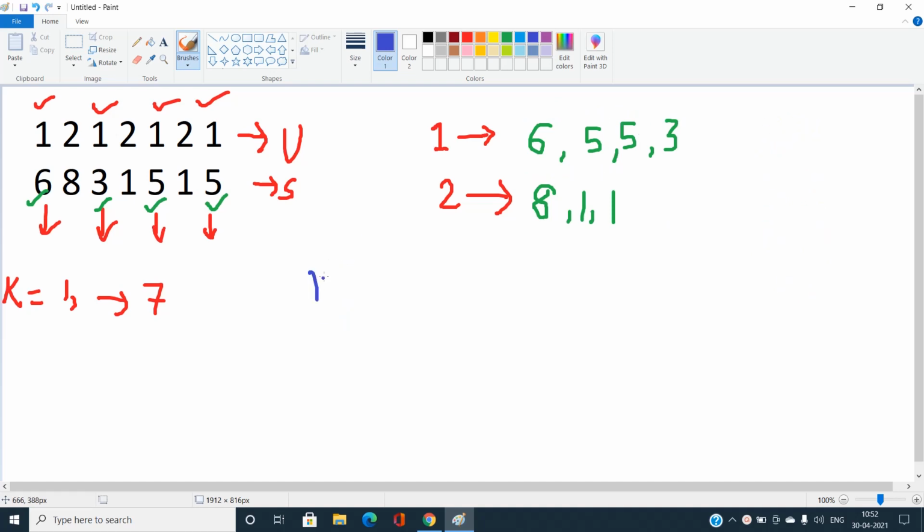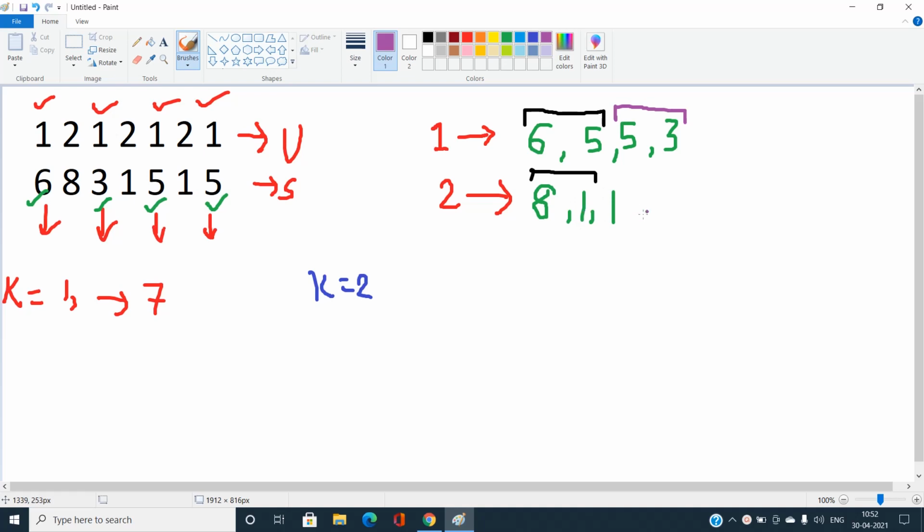If k is 2, it means that from every university we try to send students in pairs of 2. If I need to form the first team, I'm going to send 6 5 from university 1 and 8 1 from university 2. Now if I try to form the second team, I'm sending these two persons from university 1. Can I send a group of 2 students from university 2?